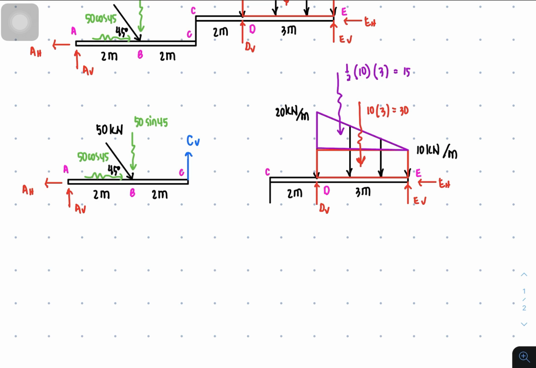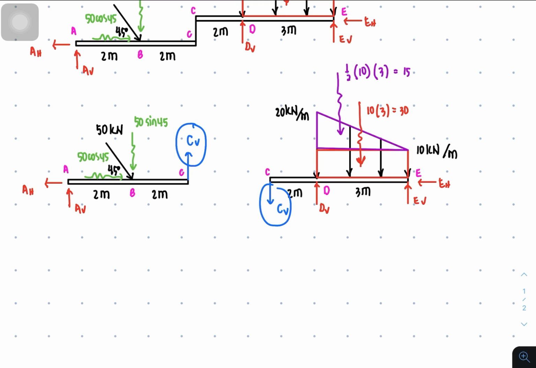And then also for this free body diagram, the link now is downward. Why it's downward? Because it conforms to the concept that a link will produce a tensile force. So it's pointing away from point C. And thus, this force CV upward and this force CV downward makes equilibrium.